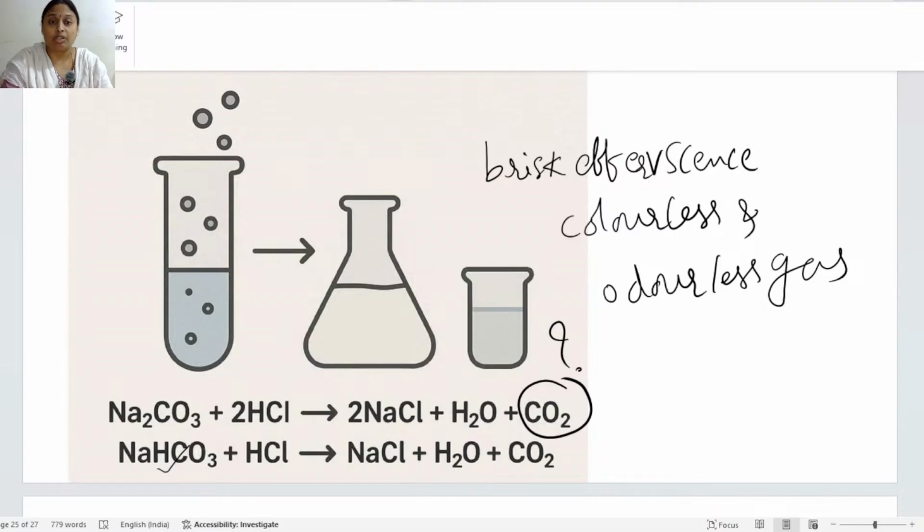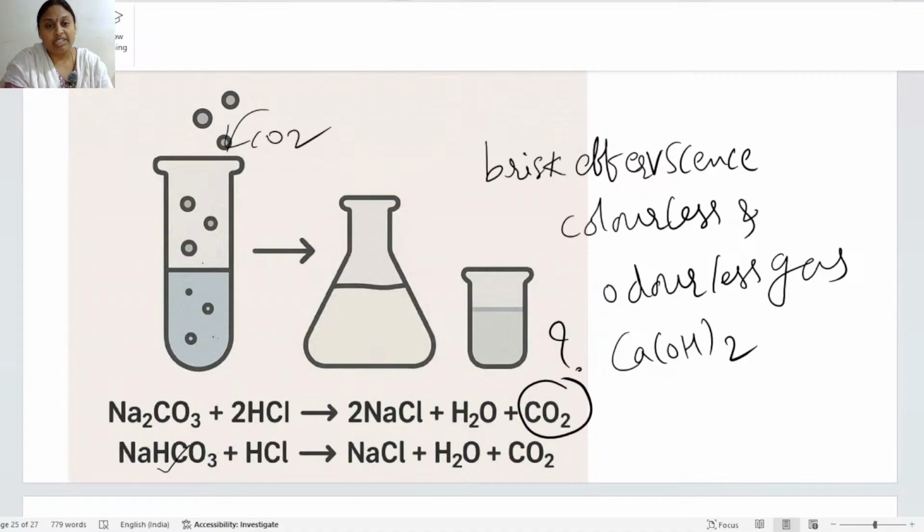So then how can we identify it? This is a question. Here, whenever we take lime water, in that we pass carbon dioxide gas. These bubbles are nothing but carbon dioxide.